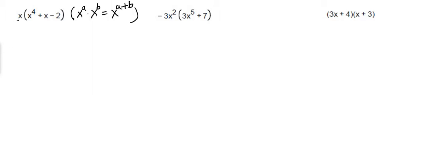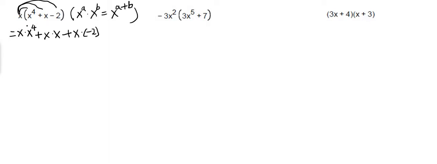Now let's take a look at this polynomial multiplication. First of all, we do the distribution: x times x to the power 4, x times x, and x times the third term, -2.